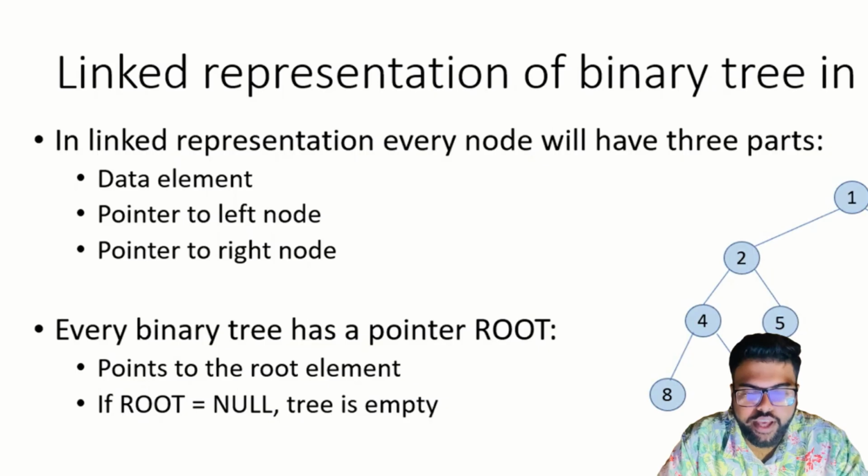Every binary tree has a pointer to the root, and if root equals null, the tree is empty. Now let's see this image. You can understand how list representation works.